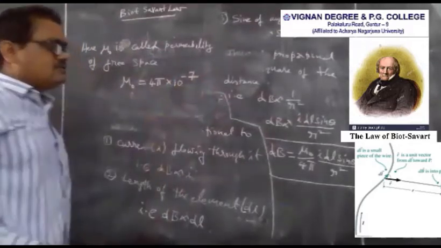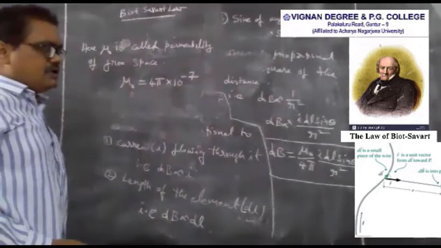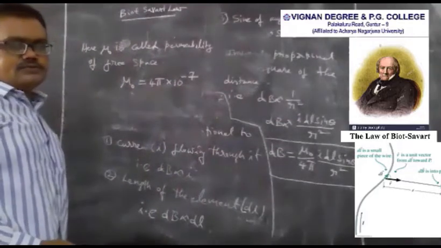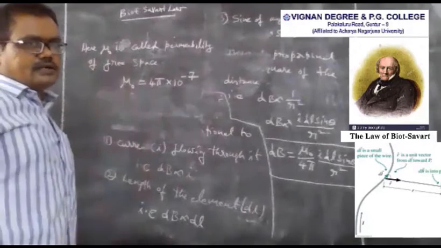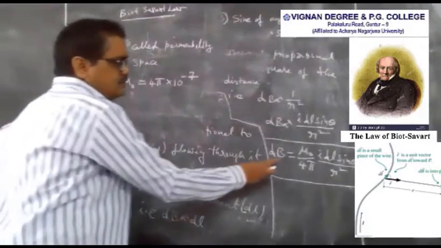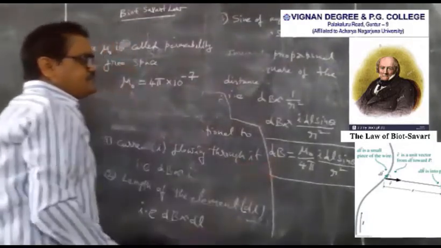This is Biot-Savart law. If you want magnetic induction due to entire conductor, simply we integrate this value.